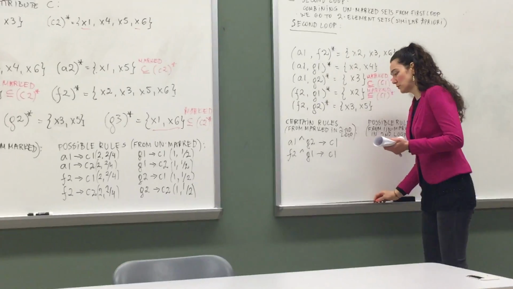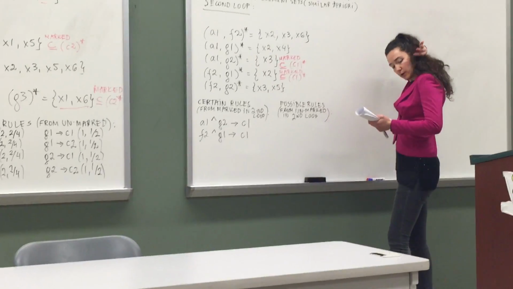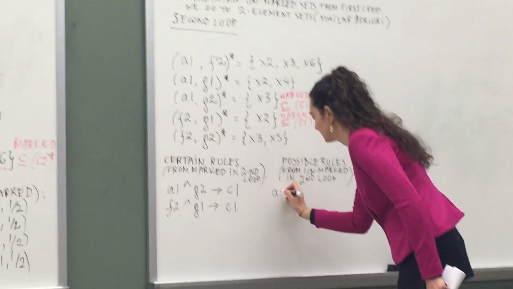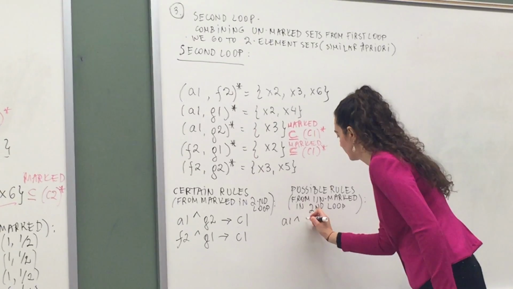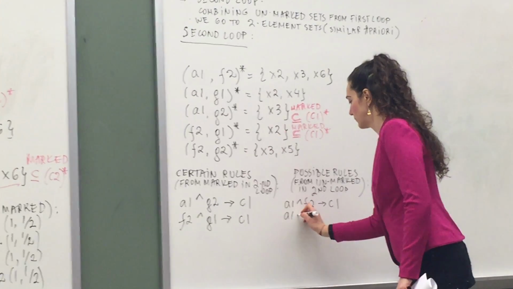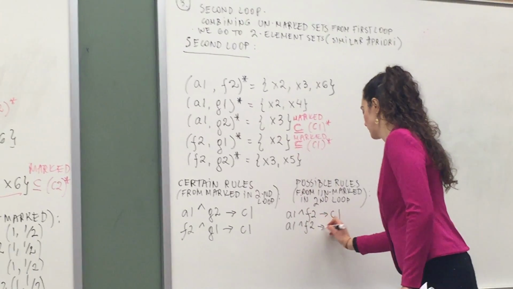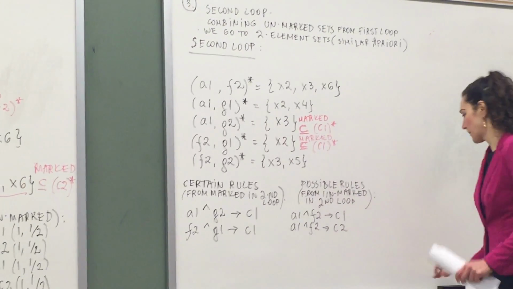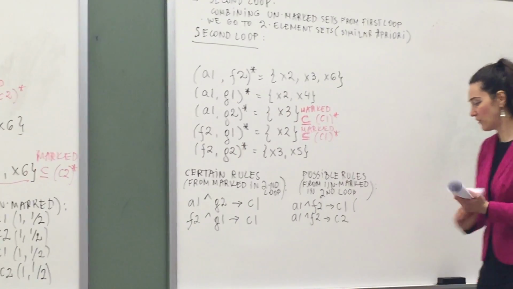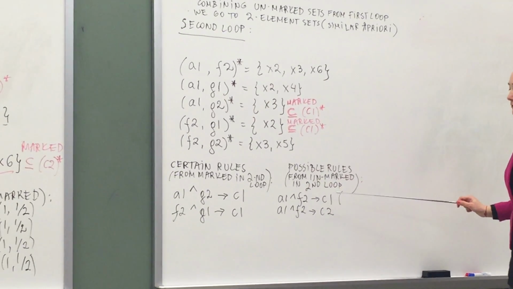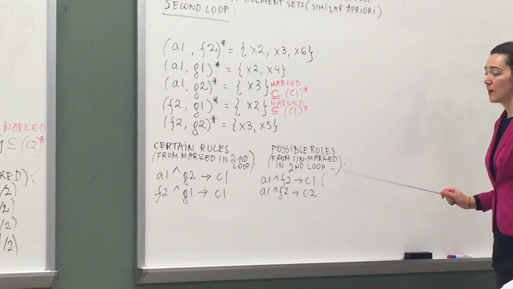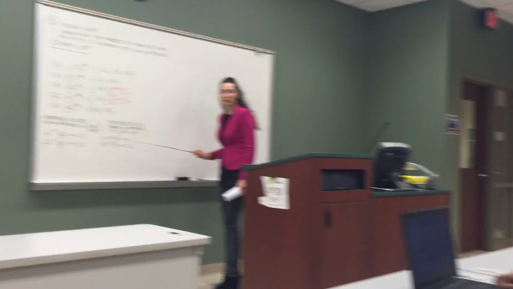And we need to specify the support and confidence. What is the support for this rule? A1 and F2 and C1, all of them together.